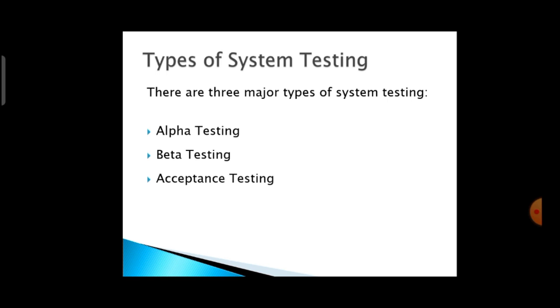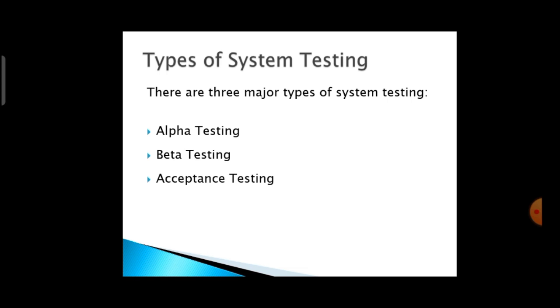So in each type of testing, various kinds of test cases are designed by referring to the software requirement specification, that is the SRS. Mostly these tests can be classified into functionality and performance tests. Functionality tests check whether the software meets the functional requirements as documented in the SRS document.